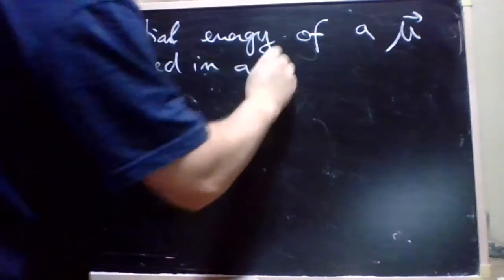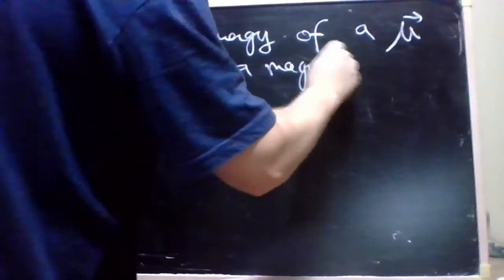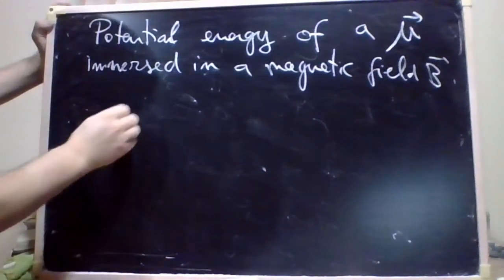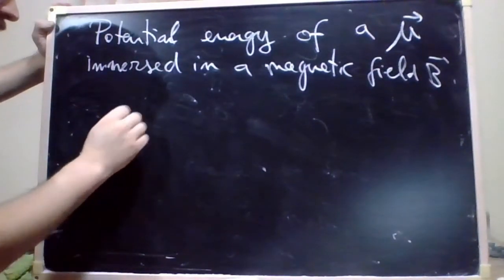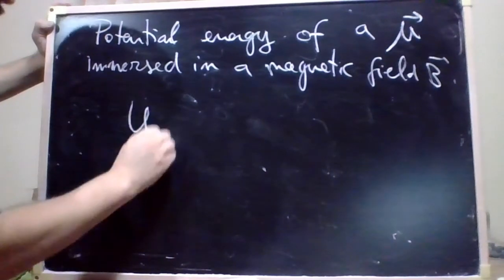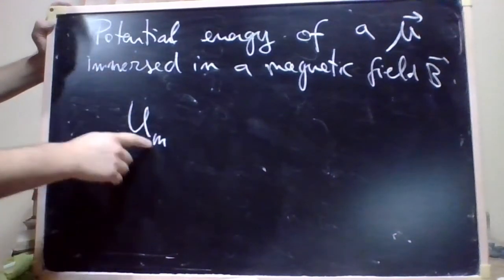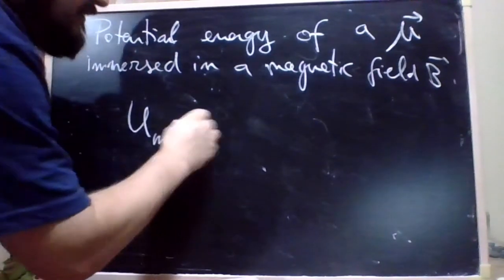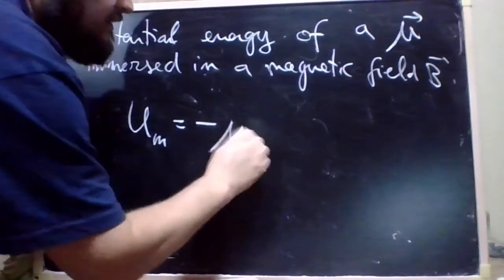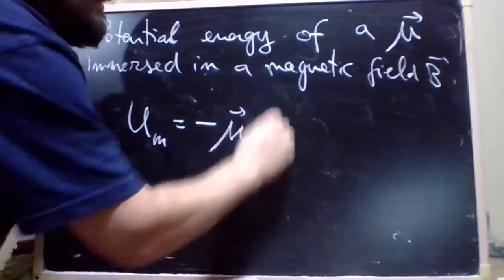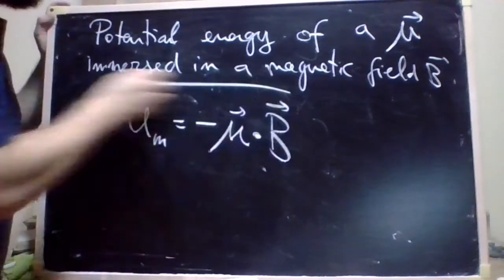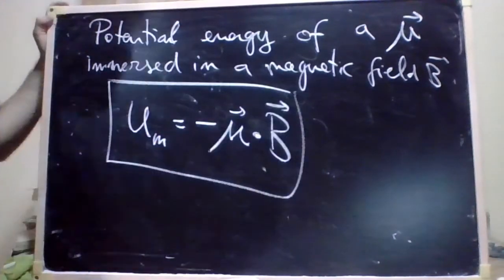It is given by something like this. I will call it U, with subindex M to remember magnetic, equal to minus the dipole moment, scalar or dot product with the magnetic field. This is from classical mechanics, all right?